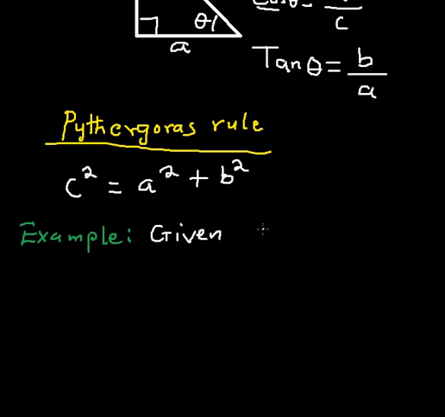Given that cos theta is equal to 3 over 5.